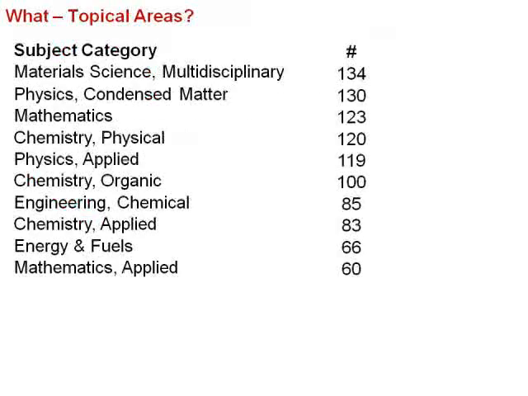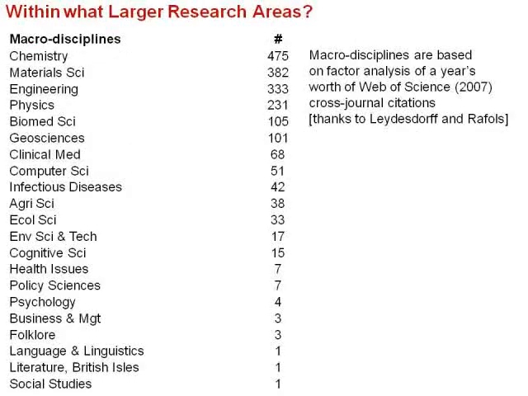What topical areas? Well, using the Web of Science subject category that classify journals, we see a strong emphasis on physical sciences and mathematics. If you look down this list, notable in its absence is biomedical research. Let's consolidate these into what we call macro disciplines.